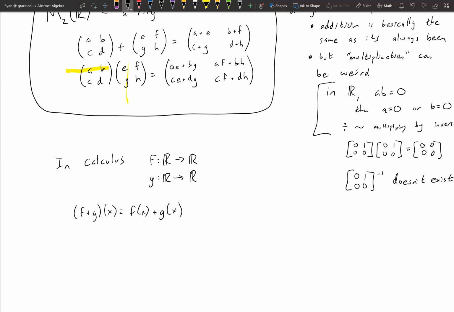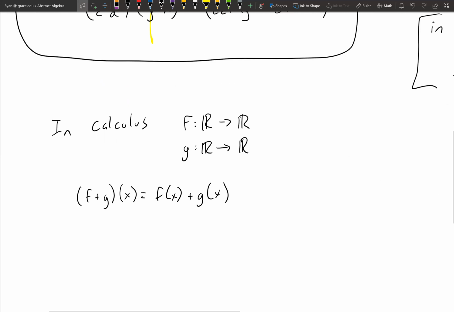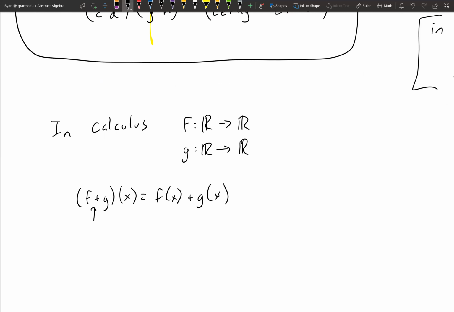And we never really pointed this out to you in calculus because we didn't want to confuse the engineers. But what's going on here is that these are different addition symbols. This is addition of functions, and it's defined by addition of numbers.